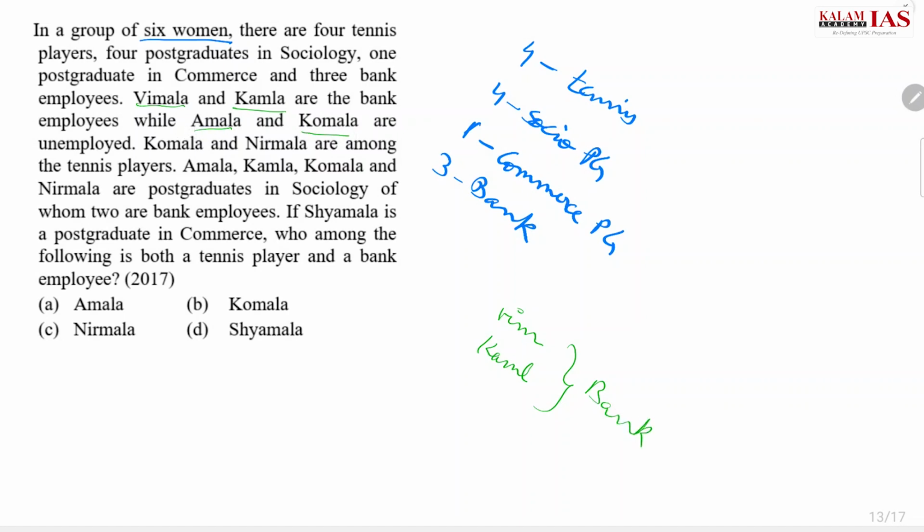Amla and Komal are unemployed. These 2 are unemployed. Komal and Nirmala are among tennis players. These 2 are tennis players.